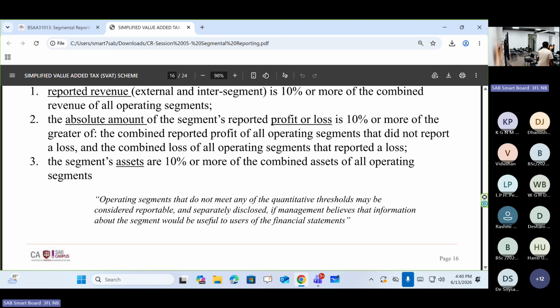Why? It can be very critical information. Sometimes they are starting a TV channel, right? They have invested, and they initiated it only 1 month ago. Revenue may be just less than 10% of total revenue.